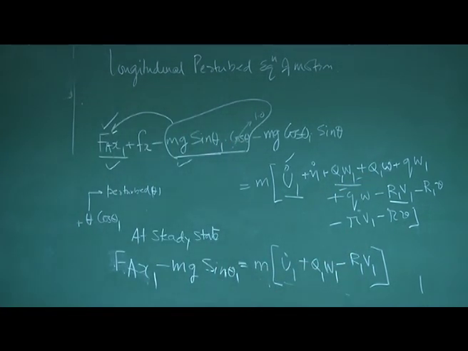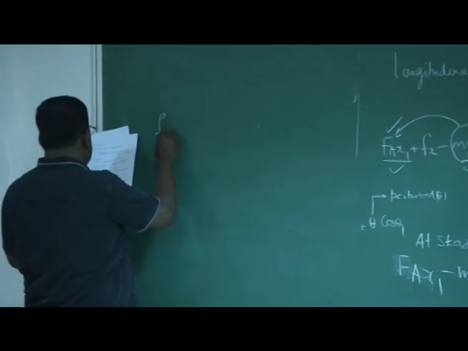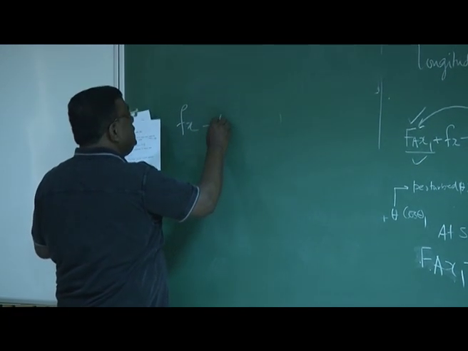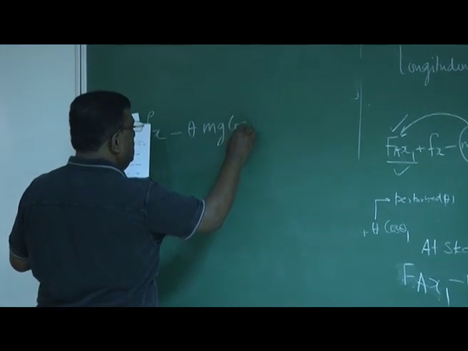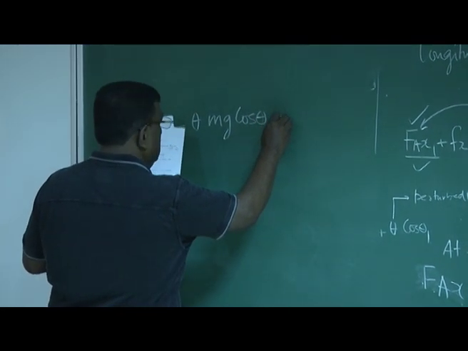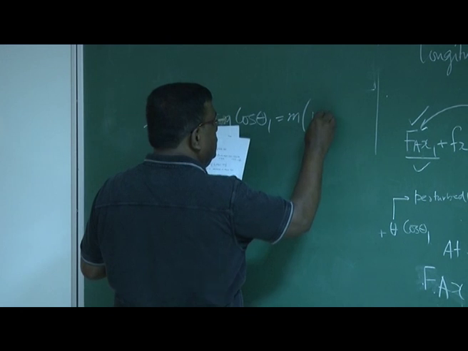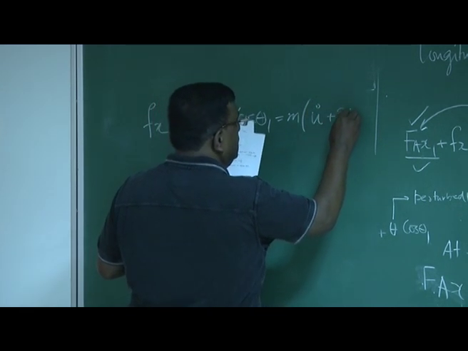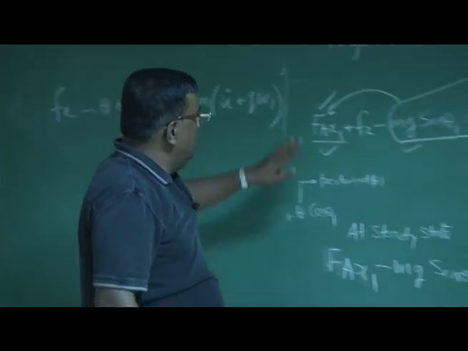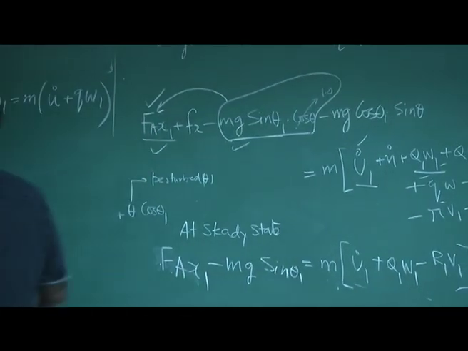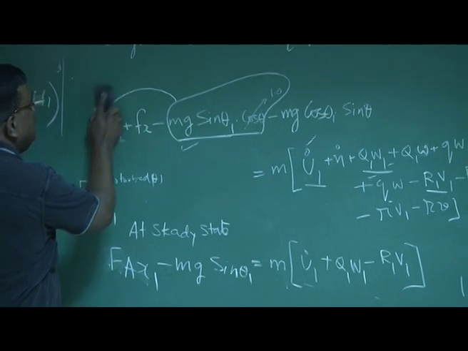What remains here is Fx minus theta mg cos theta 1 is equal to m u dot plus q w1. Could you see this? I have removed this, so let me do it for you.